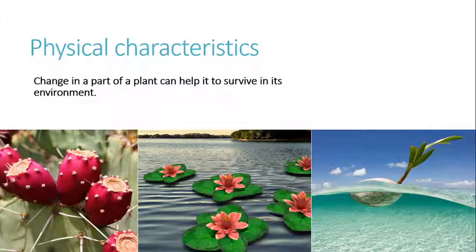For example, the coconut seed or the coconut husk will float in the water. This feature helps it to transport from one area to another, germinate and spread the seed to another area.